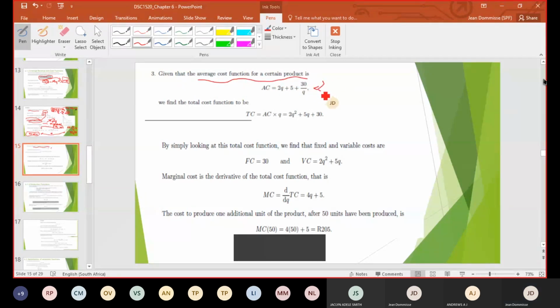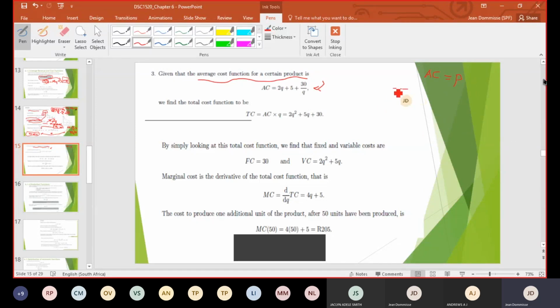Okay, so what have we learned out of the average cost function? We can remember that the average cost function is basically equal to P.